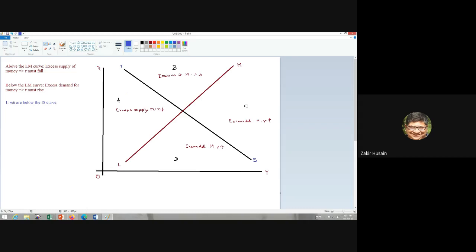Okay, if you are below the IS curve, let us say somewhere over here. The rate of interest is like this, your income is this, and this is the income at which the market will clear. Now, what is Y?